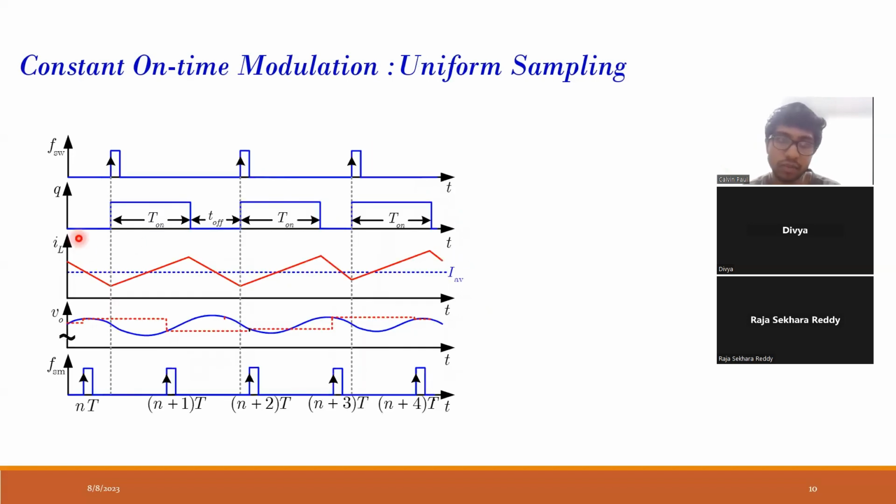In constant on-time, there's a switching event and the switch is on for a fixed duration. The off time is controlled by my control loop, my feedback loop with the controller. But the on time is fixed.